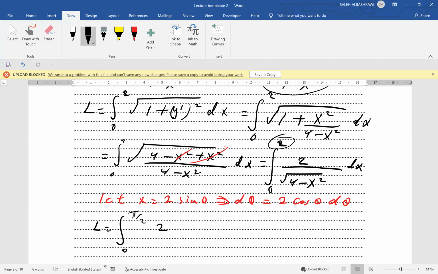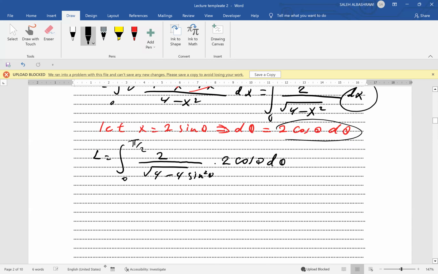Of the function 2, I will have 4 minus 4 sine squared theta, multiplied by dx equal to 2 cosine theta d theta. This can be simplified as the integral from 0 to pi over 2 of 2, and I take 4 as a common factor and get it outside the square root, which gives 2 cosine theta.